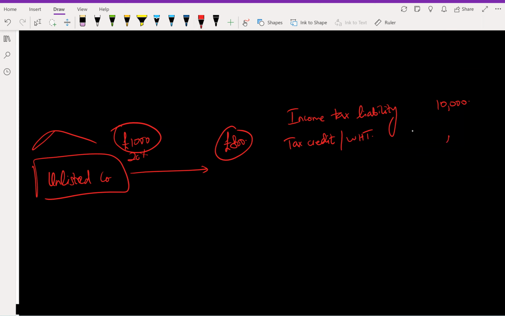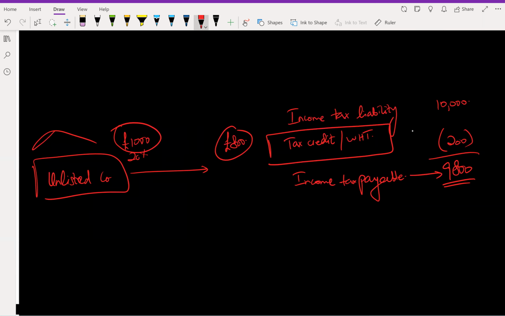So £200 technically should be deducted from this because it's a tax that you've already paid. So now your income tax payable becomes 9,800. All right. So whatever tax you've already paid at source, or has already been deducted at source, reduces your income tax liability at the end, when you calculate at the year end. Okay.